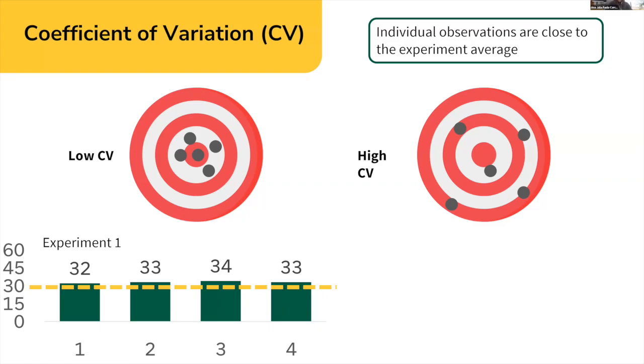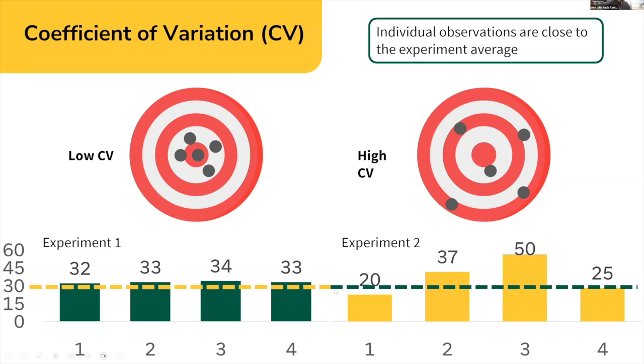But in the other one, we have the same mean, the same value, I think it's 33, but each individual observation is really different from this mean value.